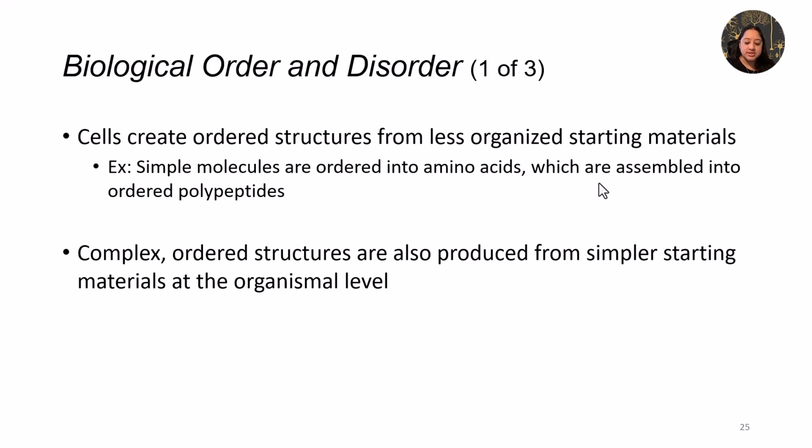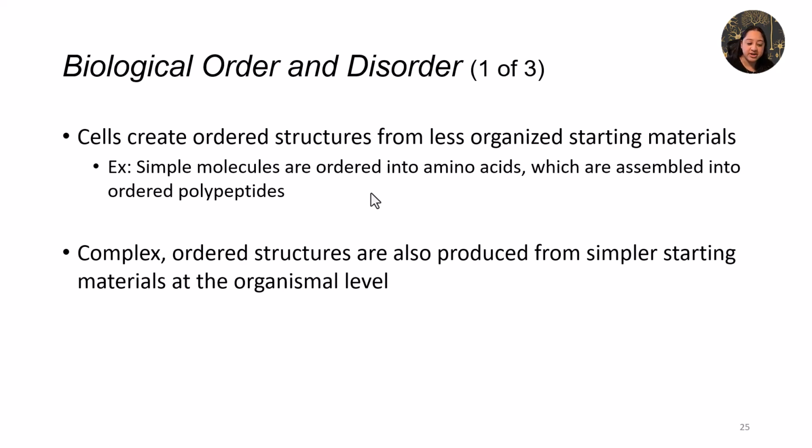So cells were made of just atoms, right? And so cells create ordered structures from less organized starting materials. For example, the simple molecules are ordered into amino acids, and then those get assembled into polypeptides, and then those get assembled into functional proteins.